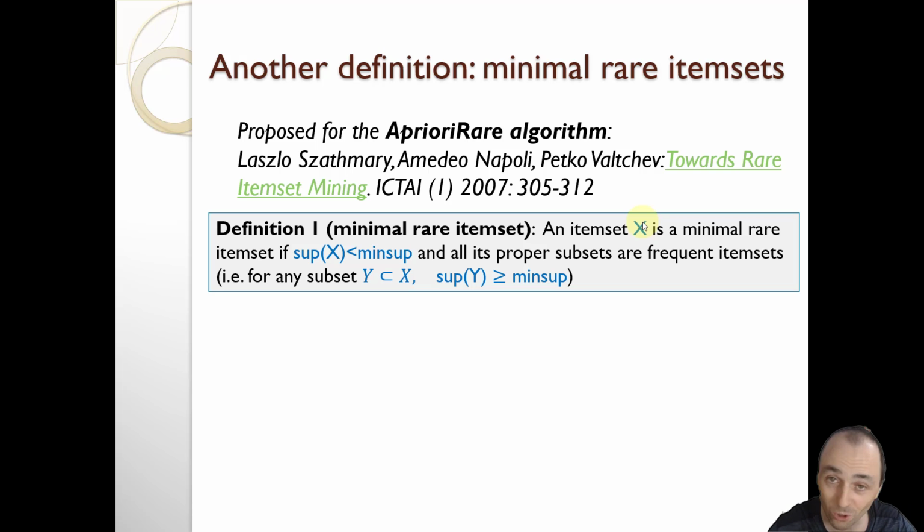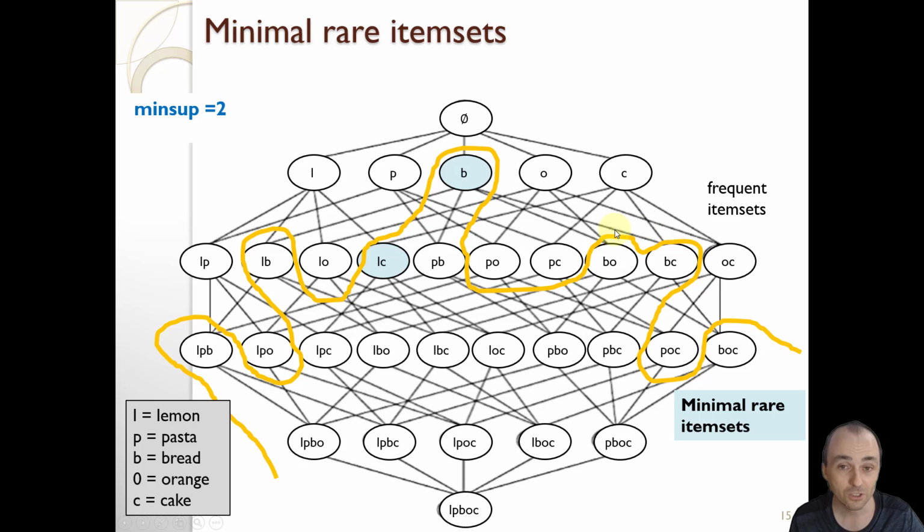I don't know if this is clear, but let me show you this again with an example to make it clear. We'll take the same example. Here, the minimal rare item sets for a minimum support of 2 are only two: bread, and lemon and cake. Bread, why is it a minimal rare item set? Because it is infrequent.